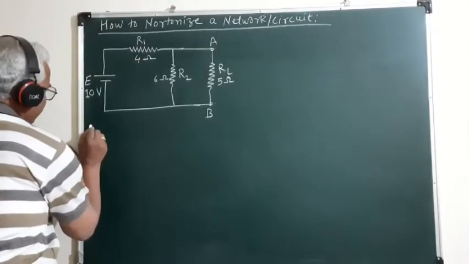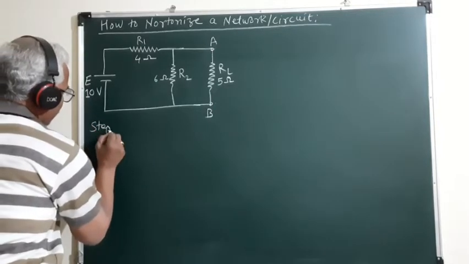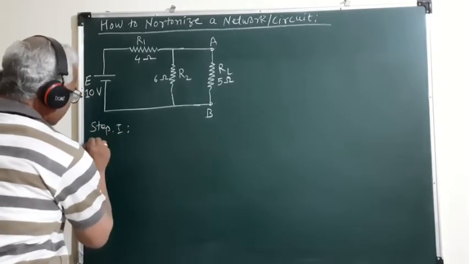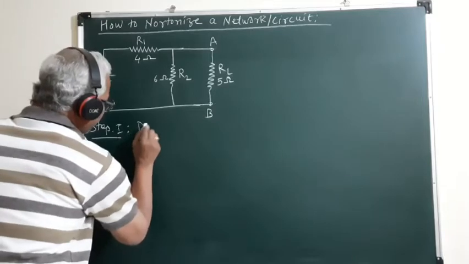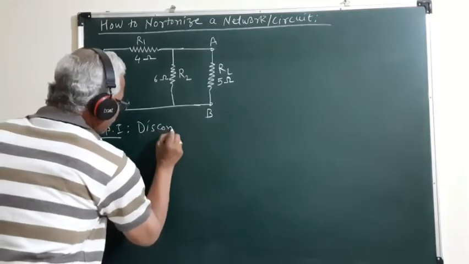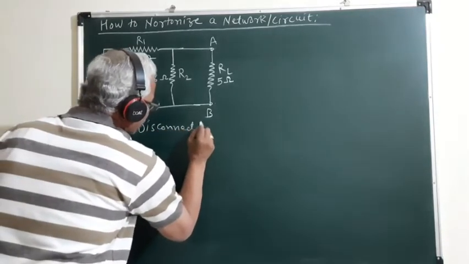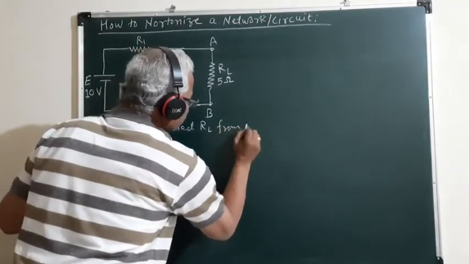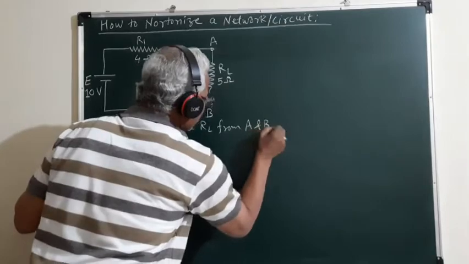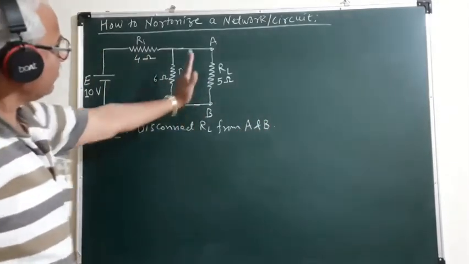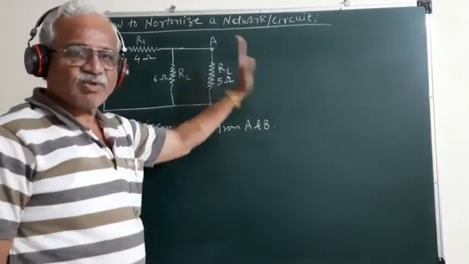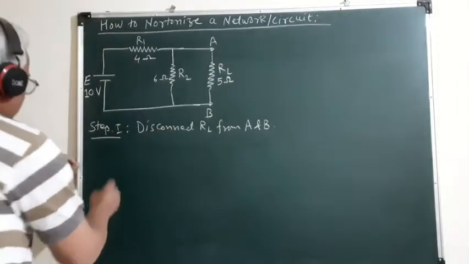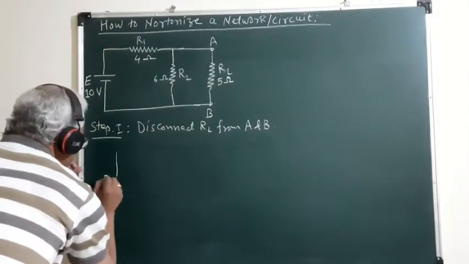The first step is to disconnect the load resistance RL from the terminals A and B. We have to remove this load resistance from the terminals A and B. When it is removed, the network we get is of this type.